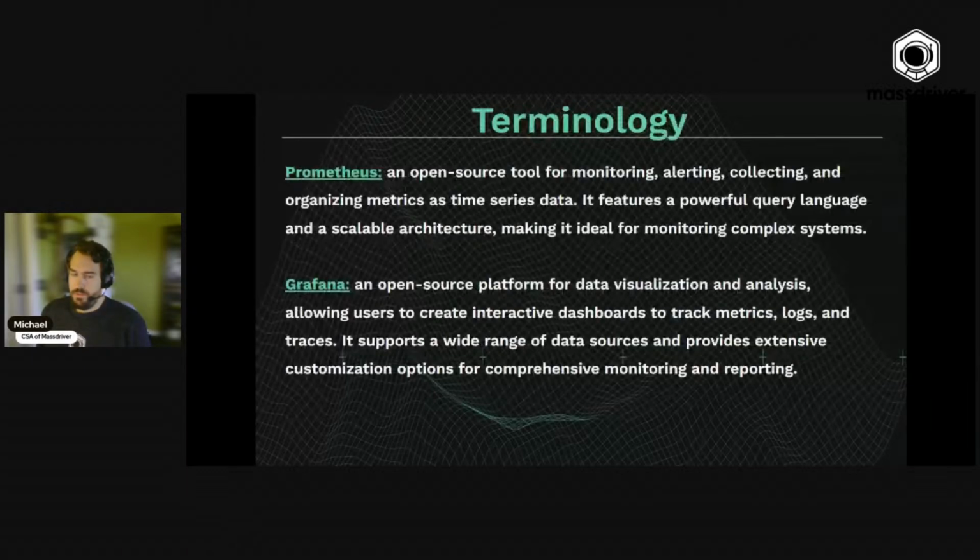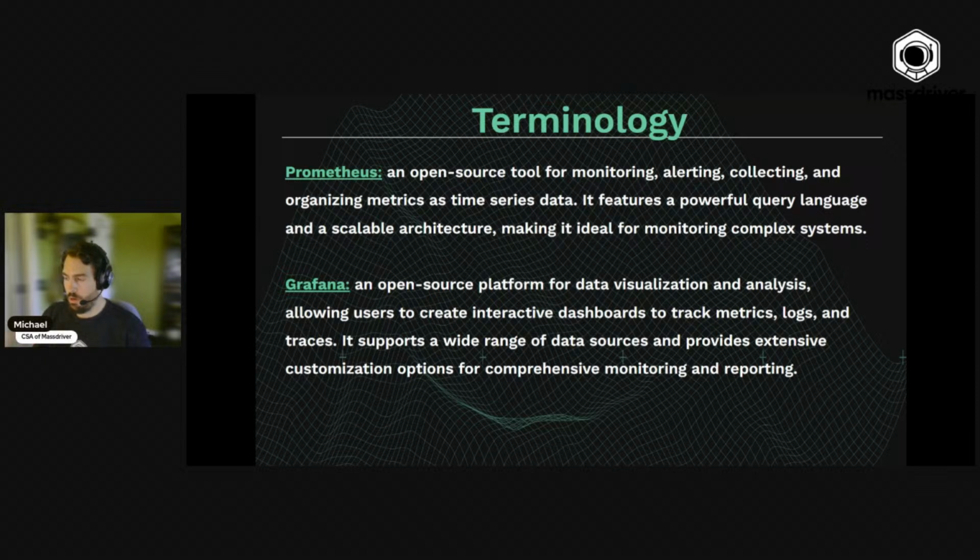So before we dive in, let's go ahead and talk about some of the terminology that I'll be using in today's webinar. Those two pieces of terminology are Prometheus and Grafana. Prometheus is an open source tool for monitoring, alerting, collecting, and organizing metrics as time series data.